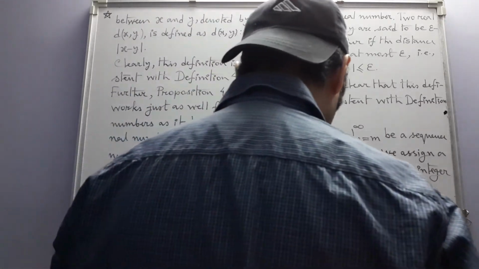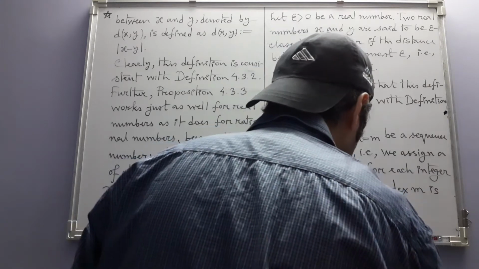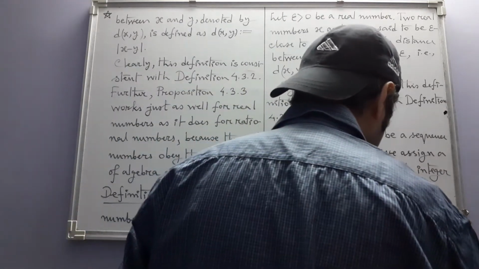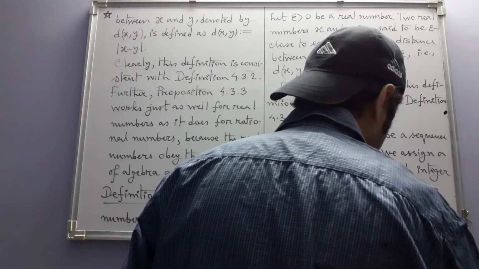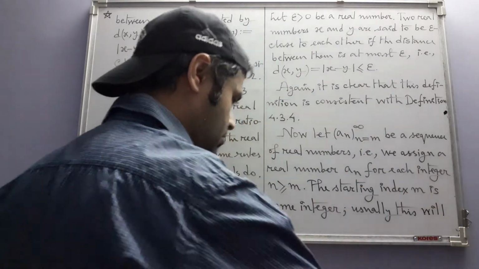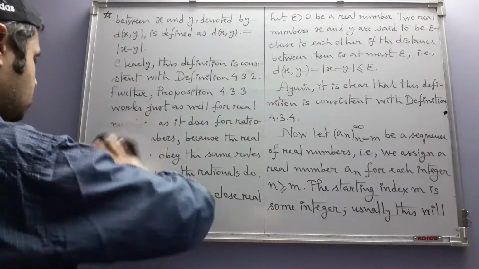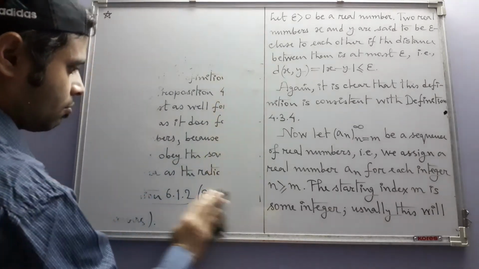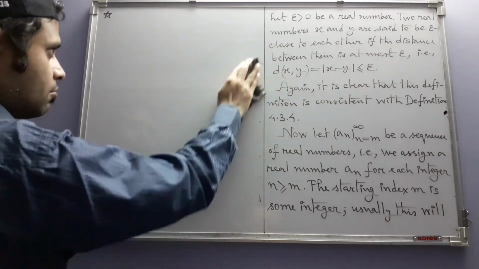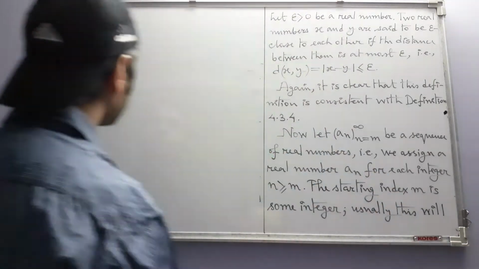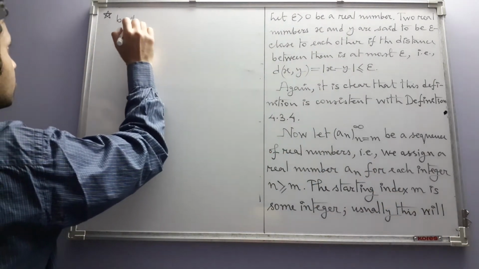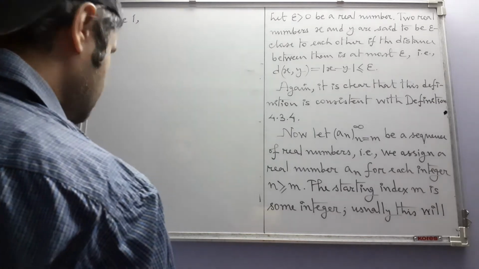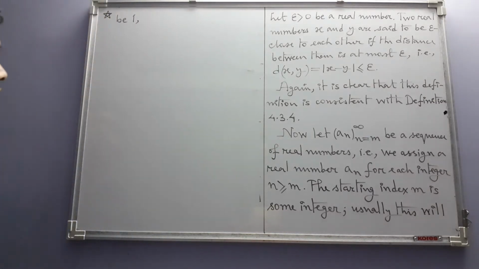Now there are some things that need to be said about this starting index. Usually this will be 1, but in some cases we will start the index from an integer other than 1.